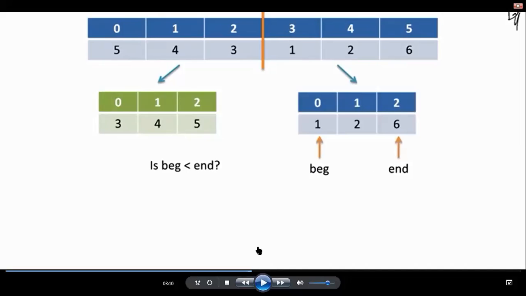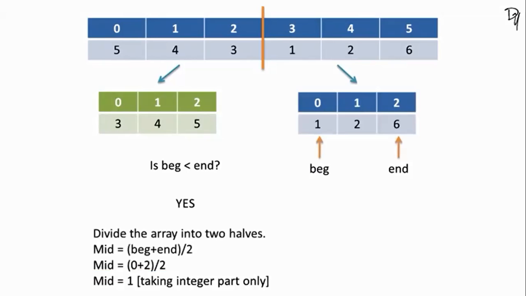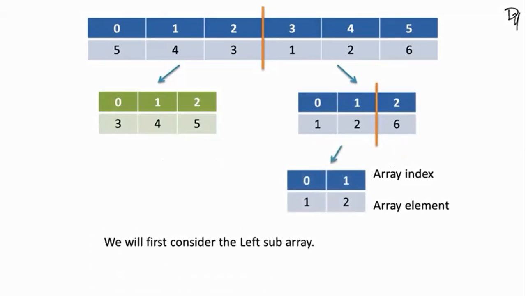So beginning less than end, yes, same procedure. We have to find the mid position. So 0 plus 2 by 2, of course 1. So till 1, one left sub half, and on the right side it is another sub half, right?